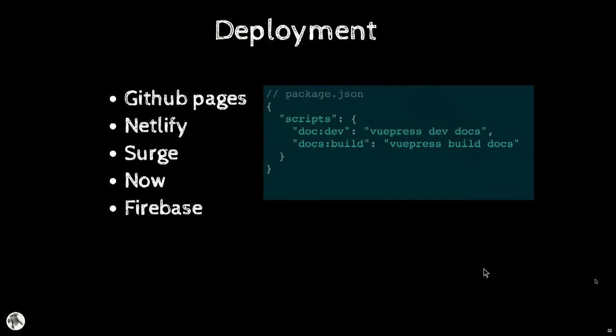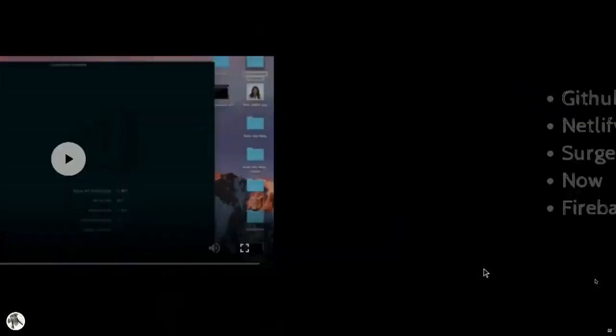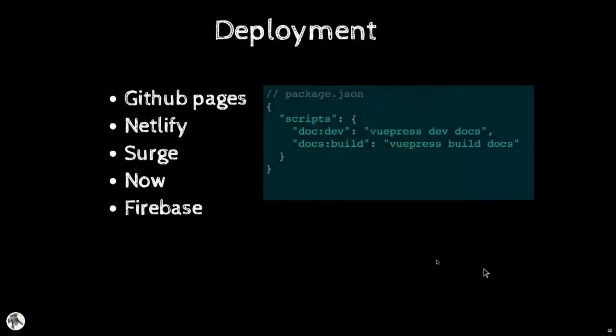After you already have your content ready, all you need to do is add this simple script. The docs dev is to run for development, and the docs build is to build for production.